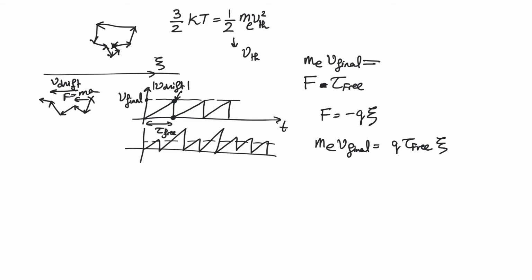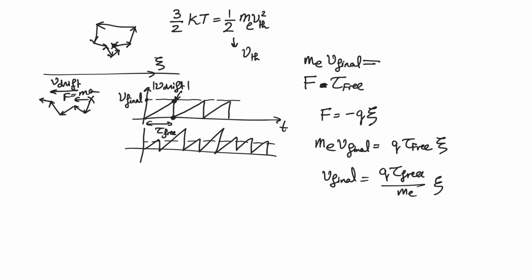Here we are ignoring signs because we are just using absolute values, and this allows us to get a final velocity v final equal to Q tau free divided by me, times the electric field.